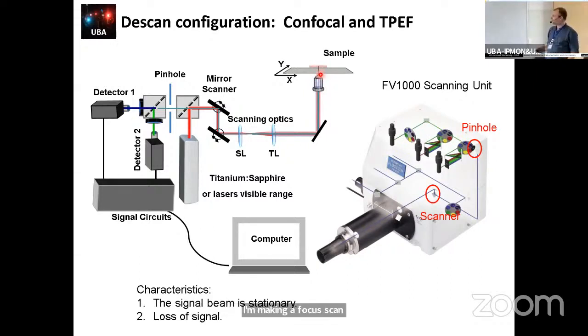When the fluorescence light comes back and passes through the scanner and then passes the dichromatic mirror, the light after the scanner is stationary. It's no longer moving, right? It's quiet and straight. So basically, you can put a pinhole, focus the light and pass it through the pinhole in order to do confocality.